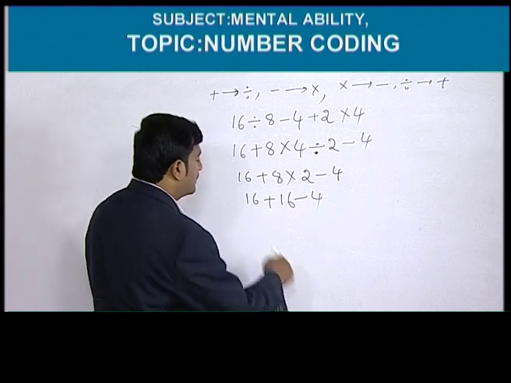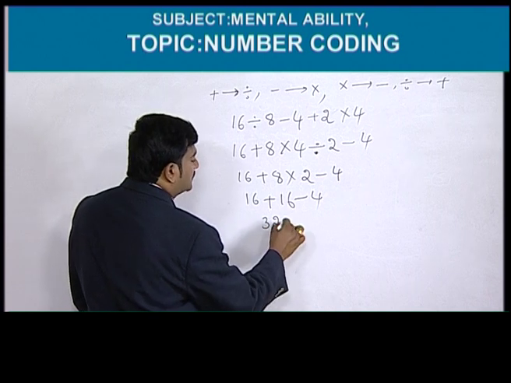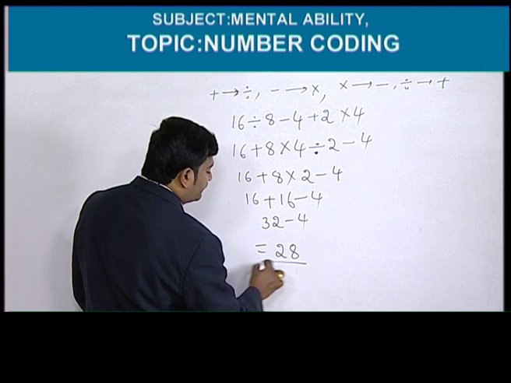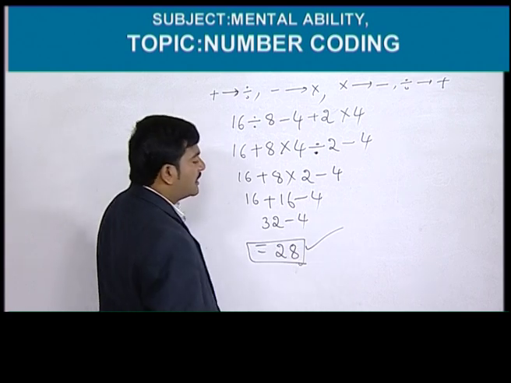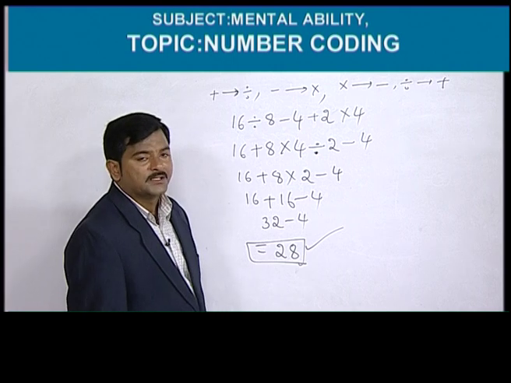What will we get? 16 plus 8 twos are 16, minus 4. Multiplication part is finished. Finally addition: 16 plus 16, how much am I getting? 32. 32 minus 4 is 28. Hence the answer for the given question is 28.